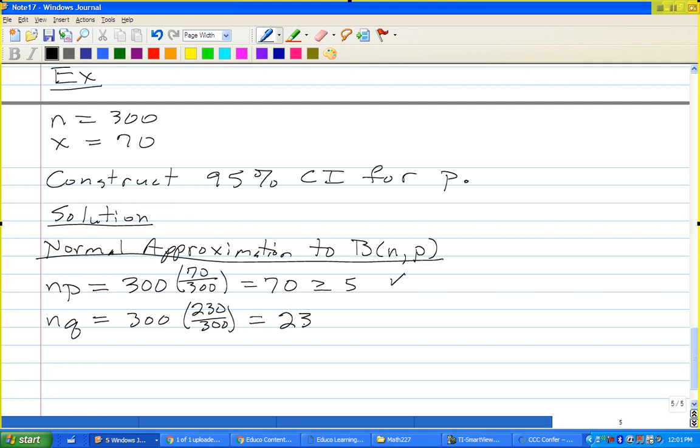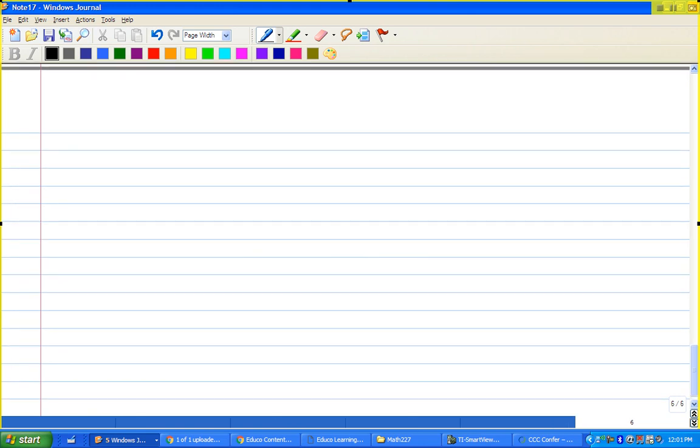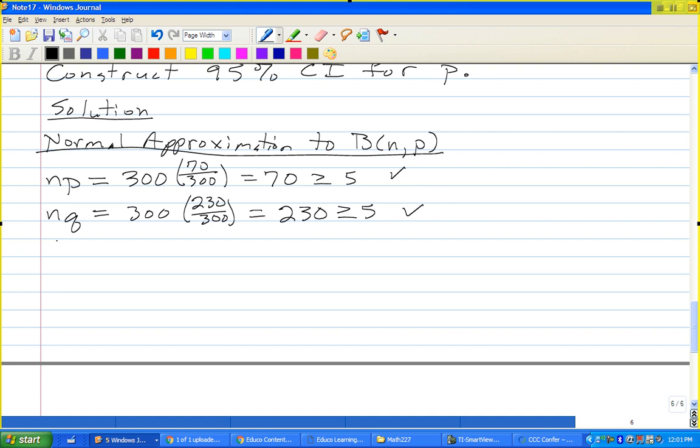And so this is also greater than or equal to 5. So that's good. The normal approximation is applicable. And so my confidence interval will have the form P plus or minus an error. Okay.